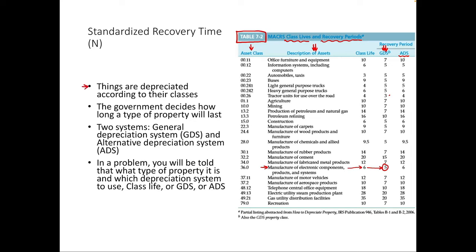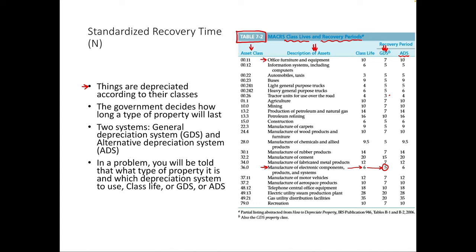Different classes have different depreciation recovery periods. For example, the office furniture and equipment, the first class, has a 7-year depreciation recovery period. So you can depreciate this type of equipment or asset for 7 years.